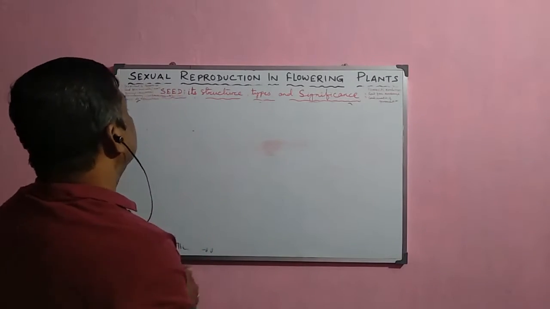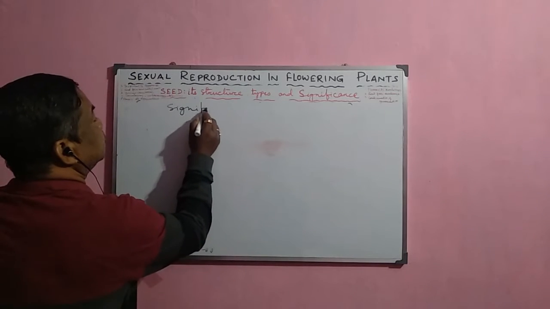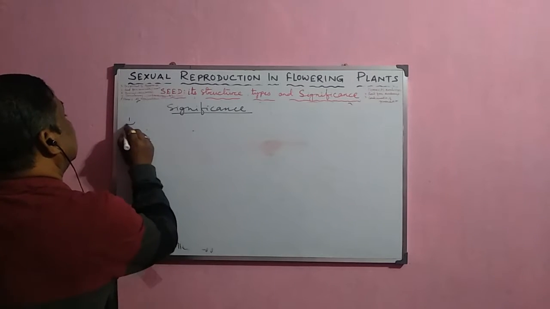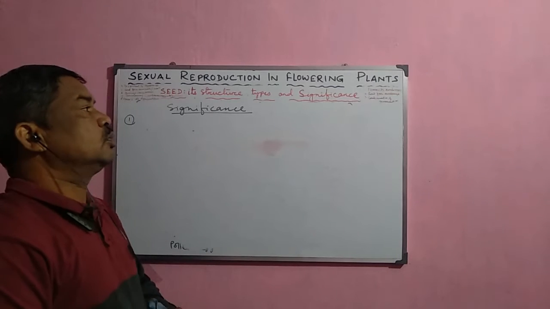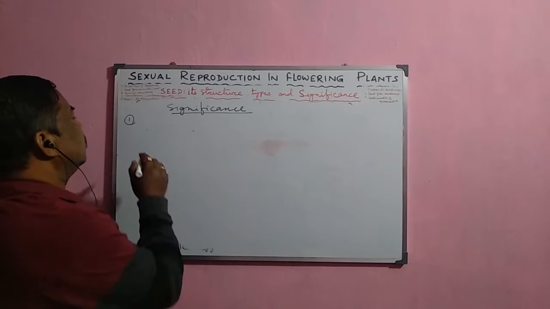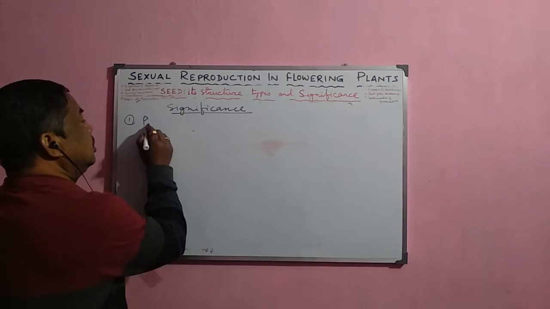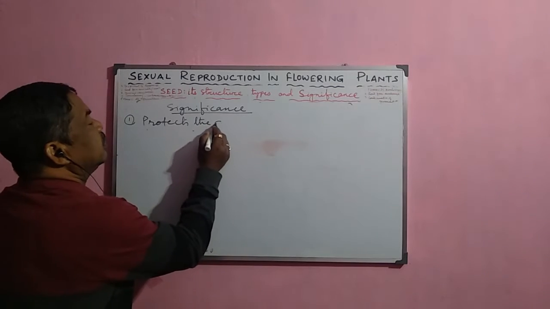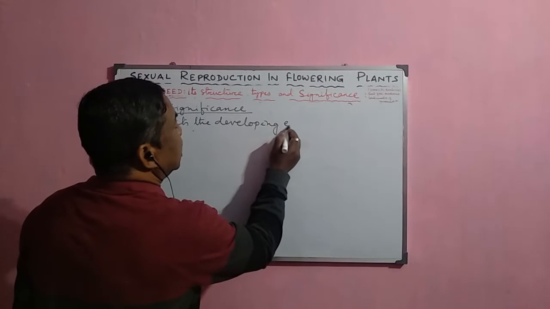Now we shall discuss how angiospermic seeds are very important for the completion of the life cycle, or the continuation of the generation from one generation to the next. What is the significance of these seeds in angiospermic plants? The most important thing, as we have already studied, is that they protect the developing embryo.